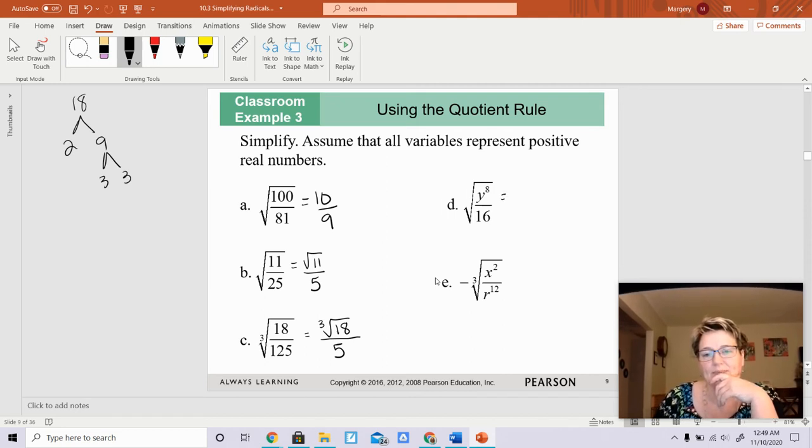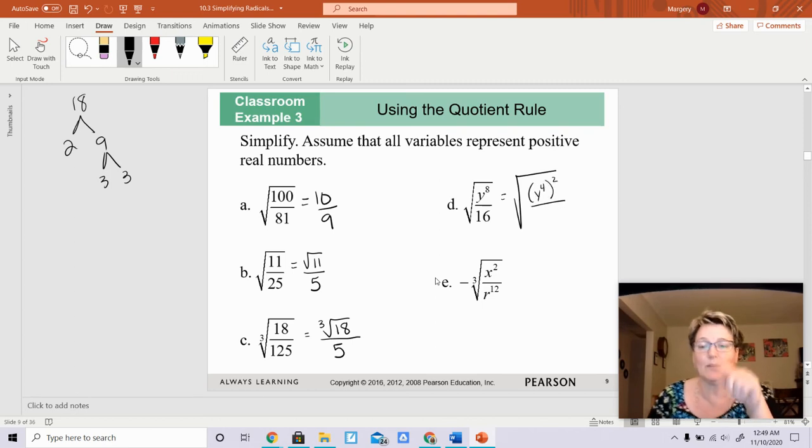This one here, I have the square root of y to the 8th. Since I have a square root, I need to have a 2 on the top. So I'm going to rewrite this one: the square root of y to the 4th raised to the 2nd power. That's exactly what y to the 8th is.